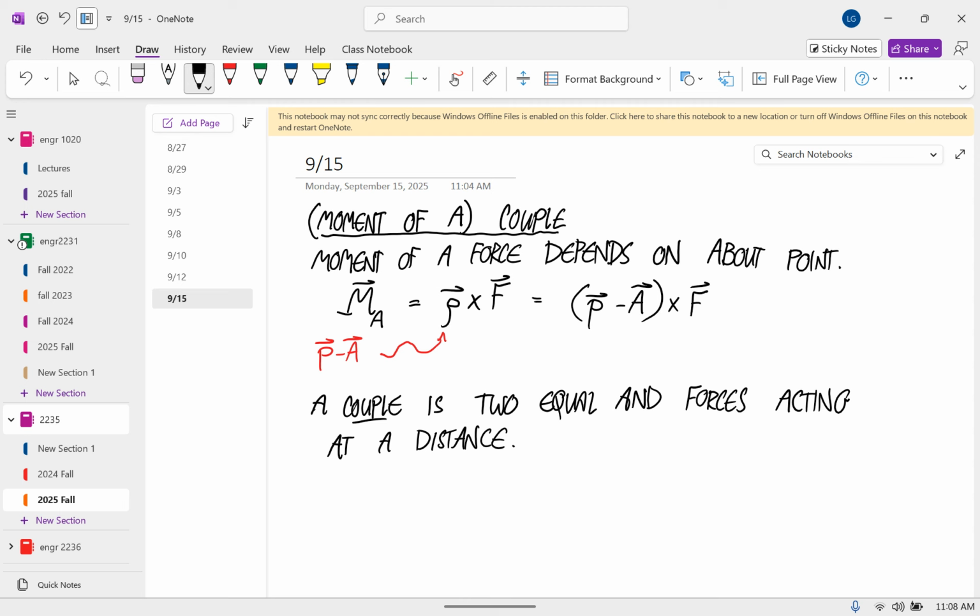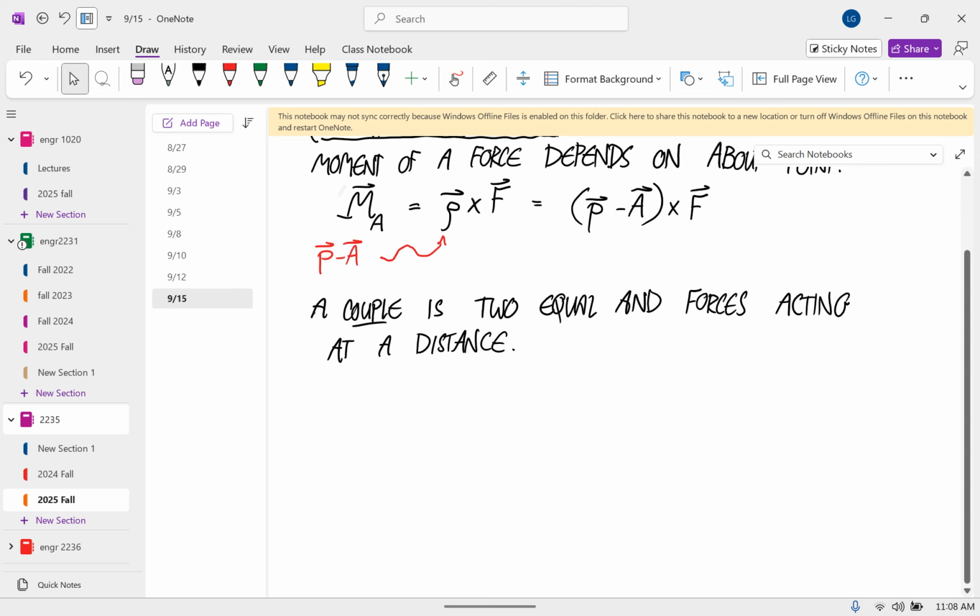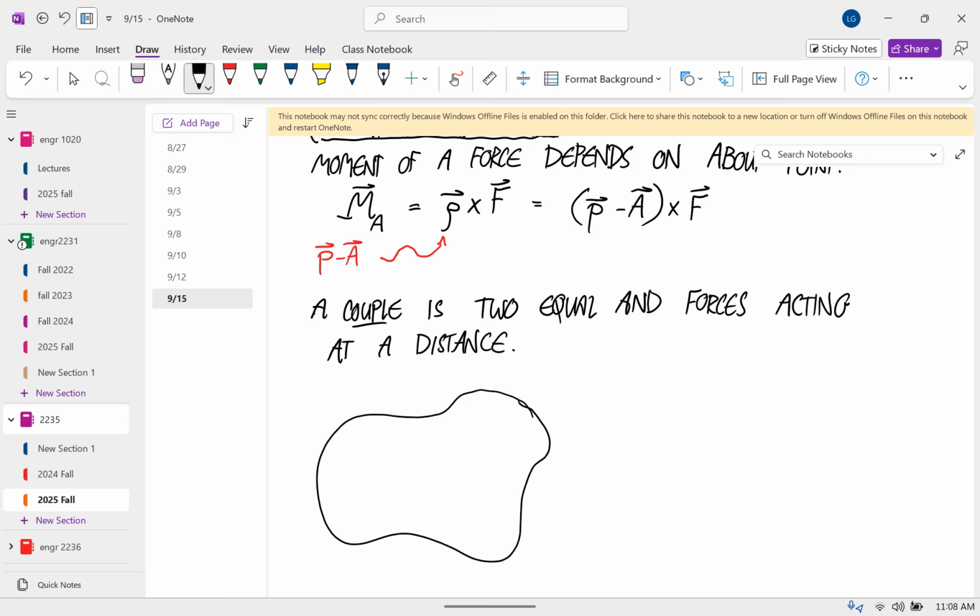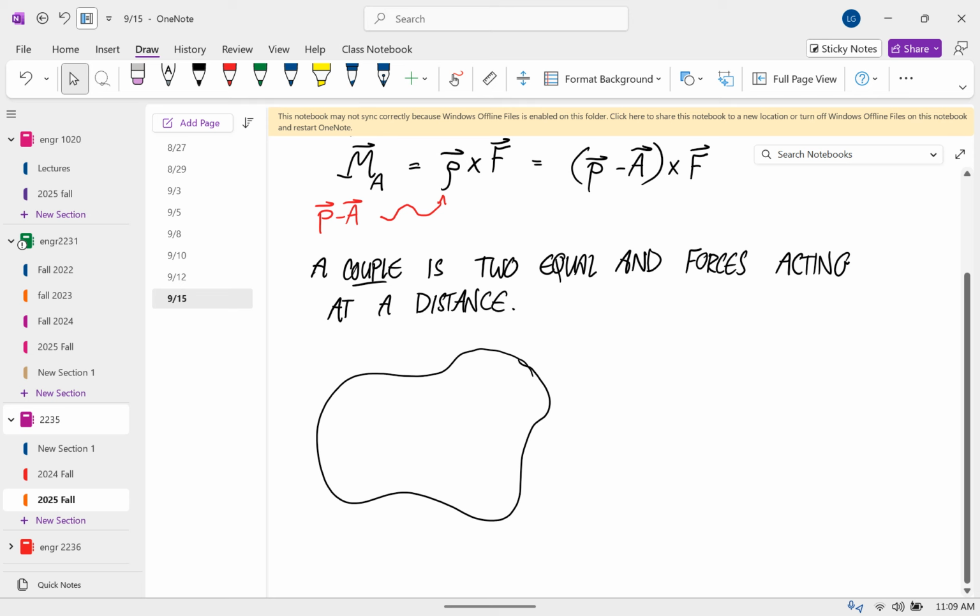And I want you to first think about this, so let me draw. Here's some object, and let's say that at this point P1 there's a force F1 acting on it. And at some other point P2 there's a force with the same magnitude.